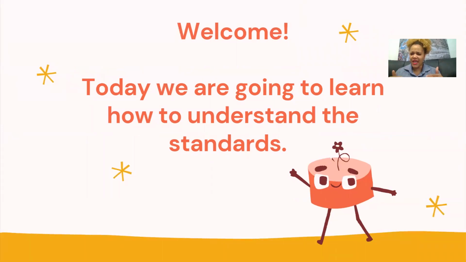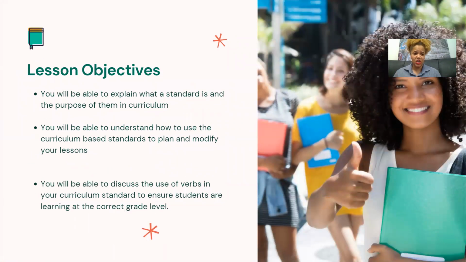So our main goal, our lesson objective, is to learn how to understand the standards. And in this case, we're talking about our curriculum standards. When we finish by the end of this lesson, you should be able to explain what a standard is and the purpose of a standard in the curriculum.